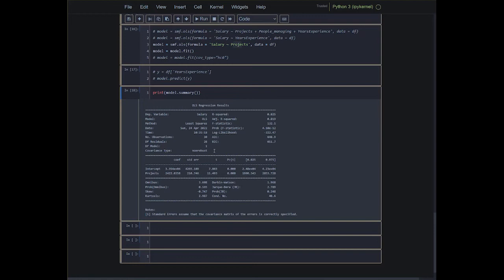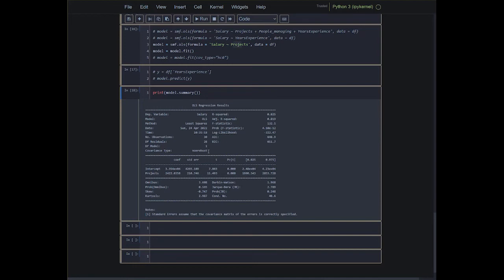If we want to obtain robust covariance over here, we can declare the cov_type as HC0 or HC1 or HC2 or HC3. However, the statsmodels documentation is not that rich to explain all these.